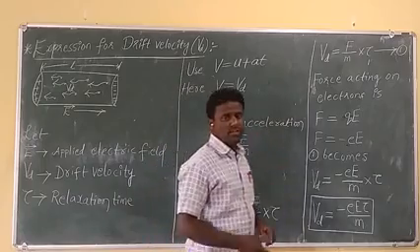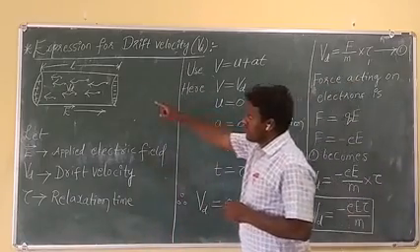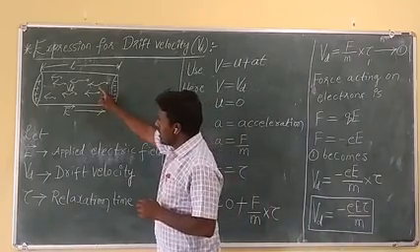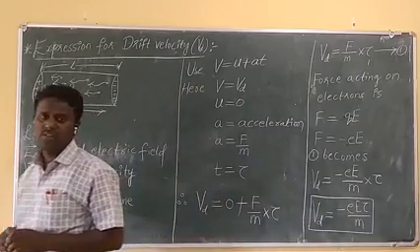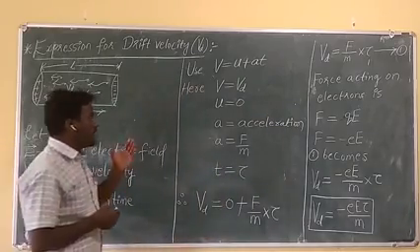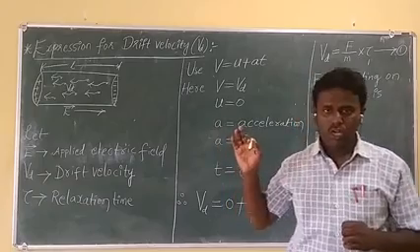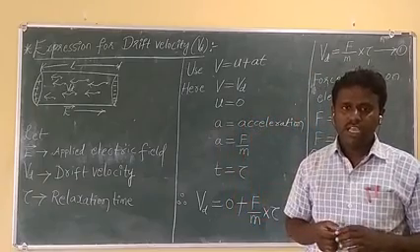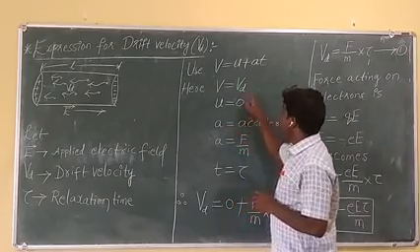V is the final velocity, equal to the velocity of the electrons in a direction opposite to the applied field. U is the initial velocity of the electrons in a conductor, considered to be 0 here. U equals 0.